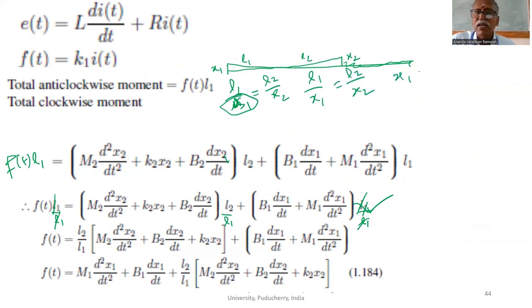Therefore, x1 equal to L1 upon L2 multiplied by x2. Now we can write this equation.